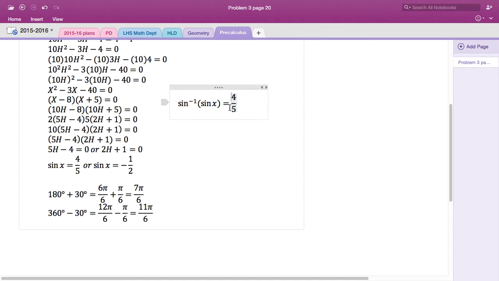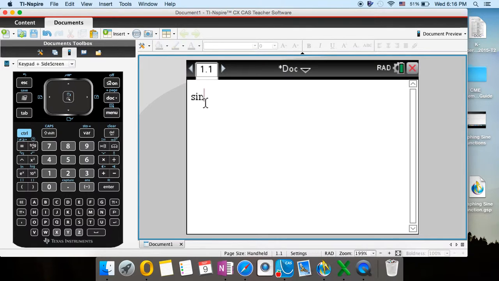Of course, you have to do that on the other side. But this part really is sine inverse of sine, and the sine cancels out. So it's just going to be x. So x equals sine inverse of 4/5. So let's find out what the inverse of sine is. So we go to trig, sine inverse of 4/5. Make sure to put the decimal points so that you get the decimal answer.